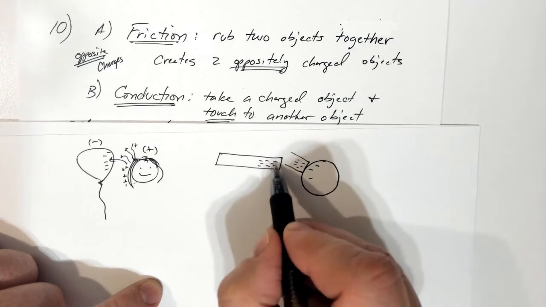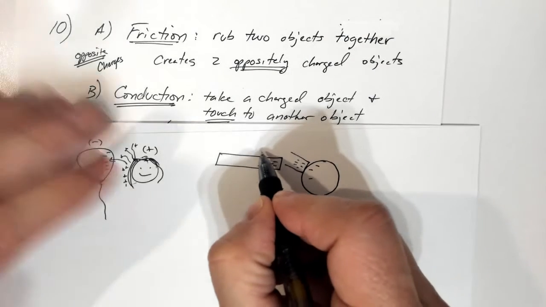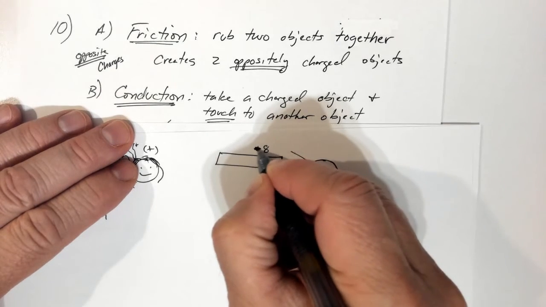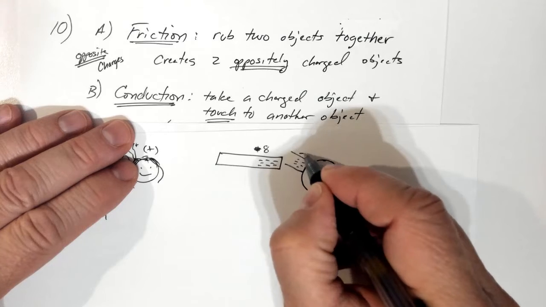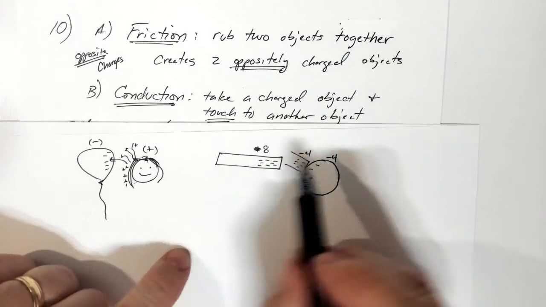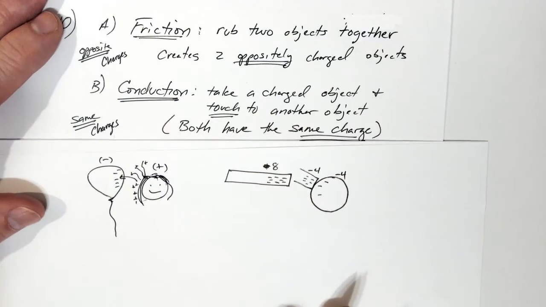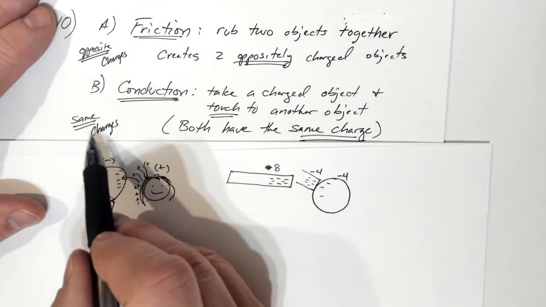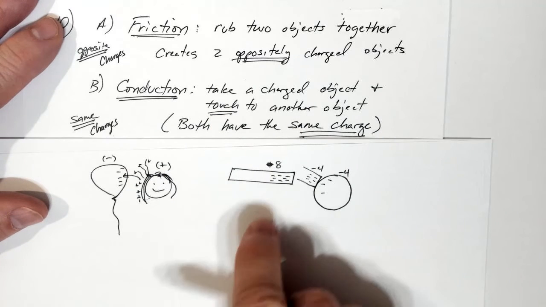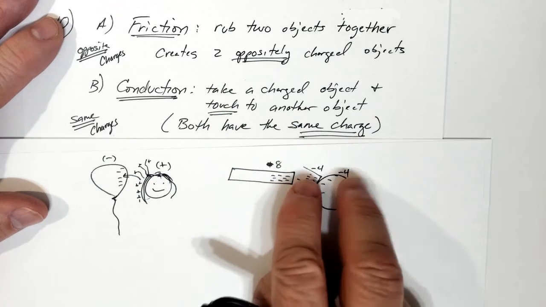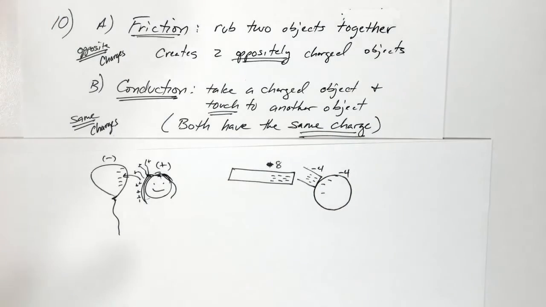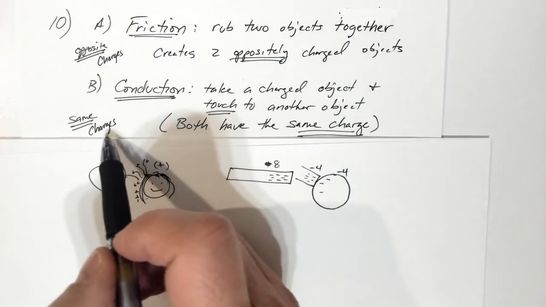Let's say for example this charge is minus 8. Then this will end up being minus 4 and minus 4, because they repel and they both get the same charge. So conduction is when two objects get the same charge because you touch them together. So this negative 8 was transferred, and now you've got a negative 4 and a negative 4. It's been pushed off. So both get the same charge.